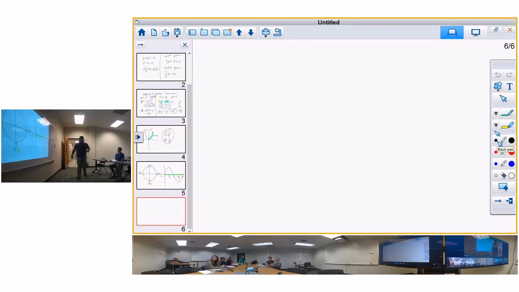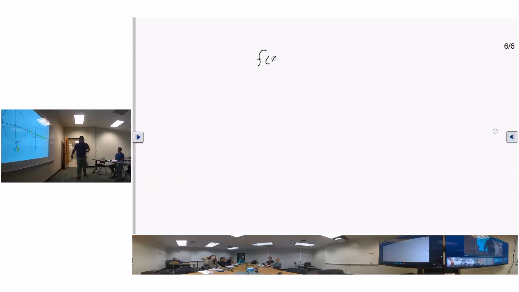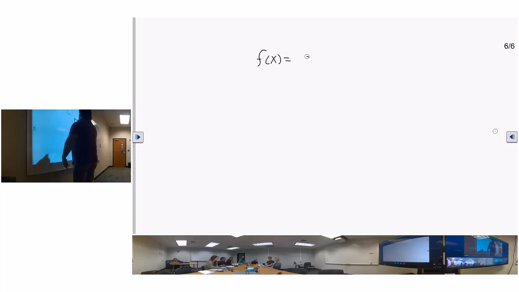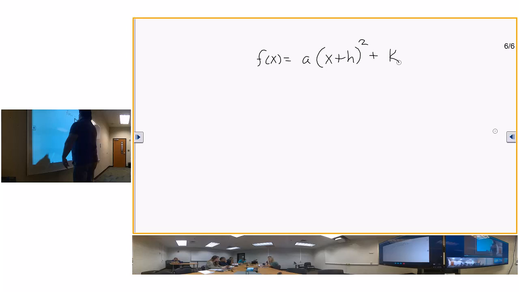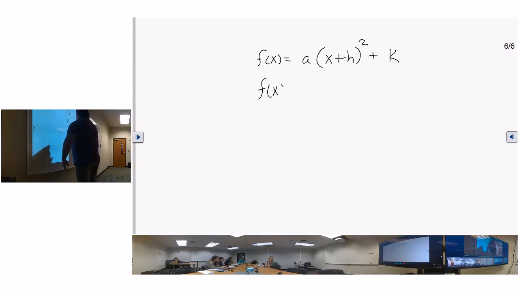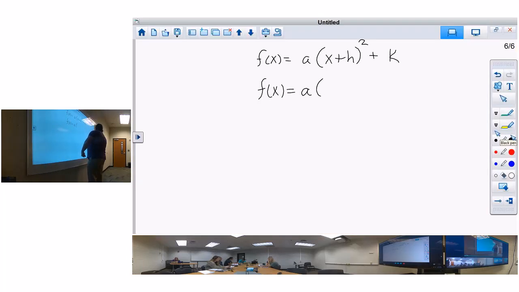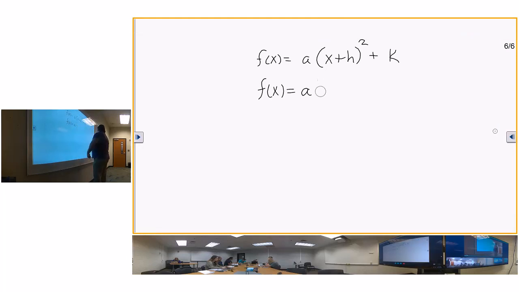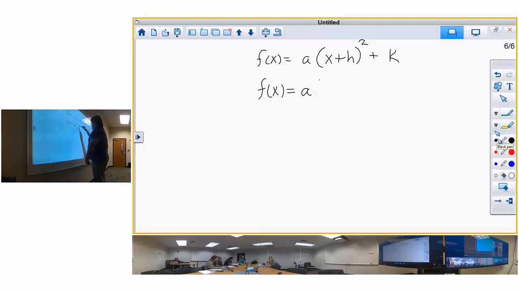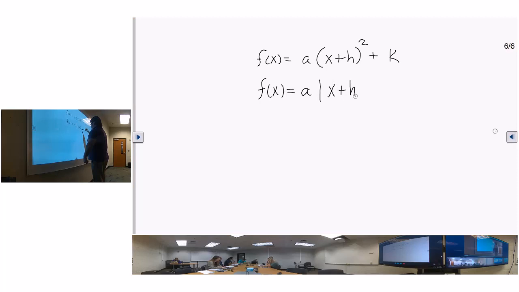Remember when we did f of x is equal to a times x plus h quantity squared plus k? Or I told you to do, you remember your parent graphs? Absolute value. Absolute value of x plus h squared plus k.